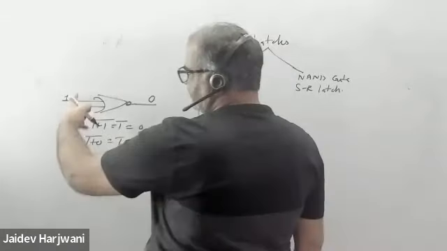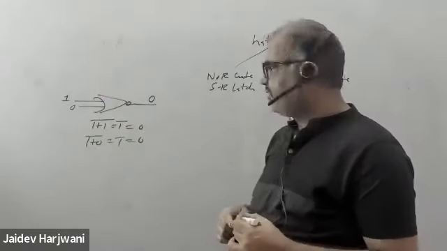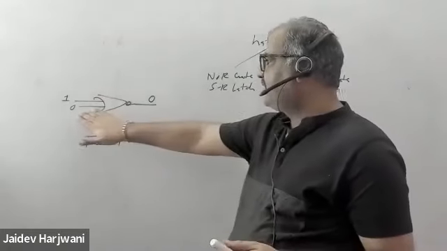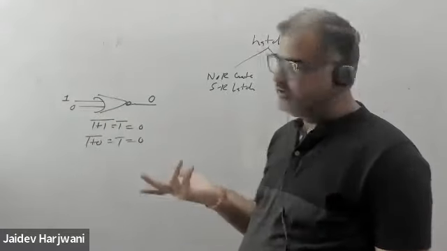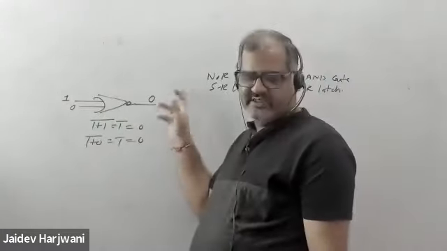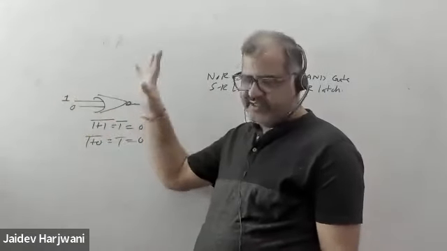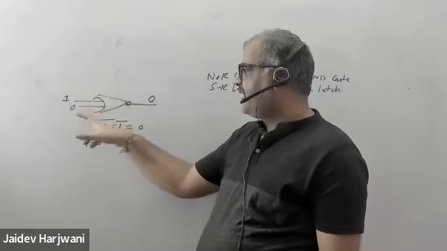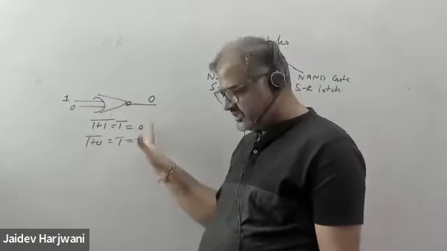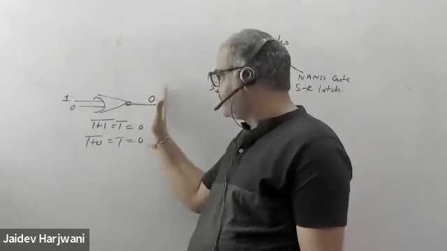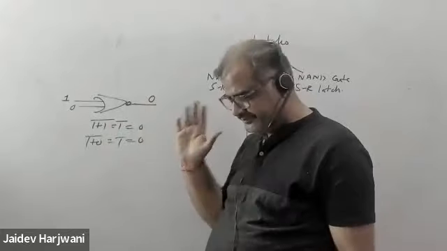So whenever one input becomes 1 in the NOR gate, the other input is irrelevant. Either you give 0 or 1, the state will not change. Are you getting my point? If one input is 1 in a NOR gate, the other input becomes irrelevant. It will not change the state whether you put 0 or 1.